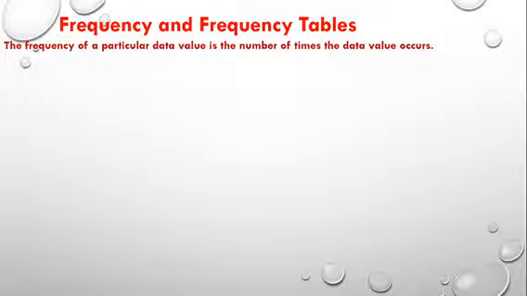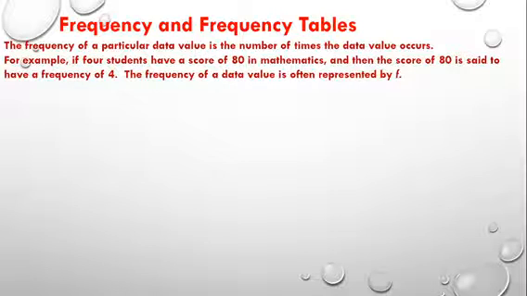So as an example, if you have 4 students who scored 80 in an examination, then the score of 80 is said to have a frequency of 4, okay, because there are 4 students who had that score. And usually it's represented by small letter f. Okay, so many times if you see in statistics small letter f, that's representing your frequency.